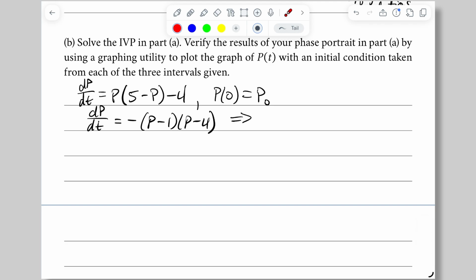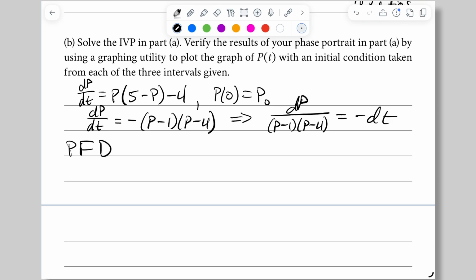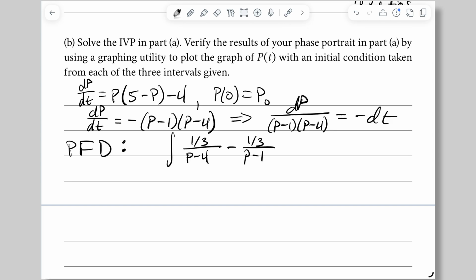And it turns out we can use the fact that it's separable. So we've got dP divided by (P minus 1) times (P minus 4) is equal to negative dt. And then a round of partial fraction decomposition will give us the integral of (1/3 divided by P minus 4 minus 1/3 divided by P minus 1) dP, is equal to the integral of negative dt.